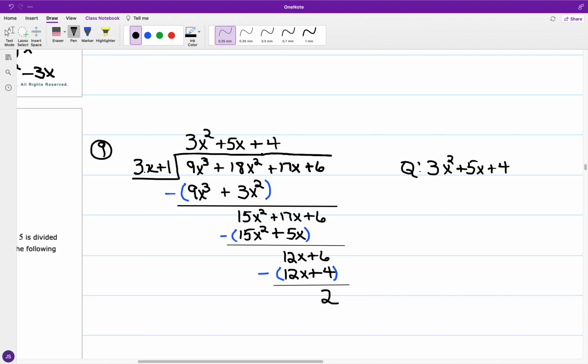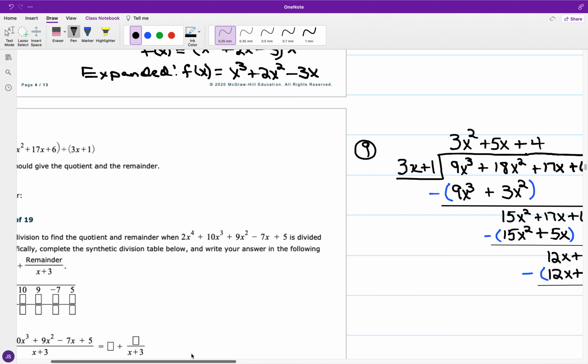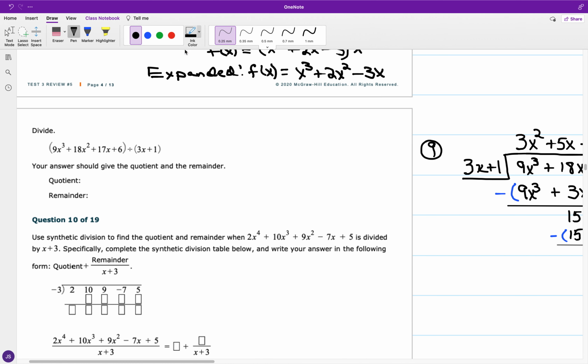The reason is that I cannot take 3x directly into 2, so anything that stays after the division has run its course is going to be the remainder. And it could be a constant or a variable expression. So for number 9, again, the quotient is 3x squared plus 5x plus 4, and the remainder ends up at 2.